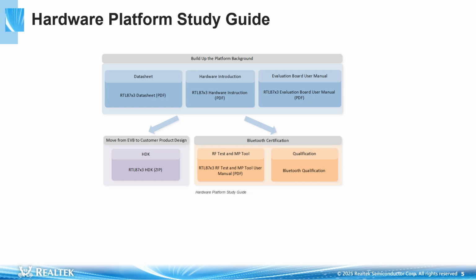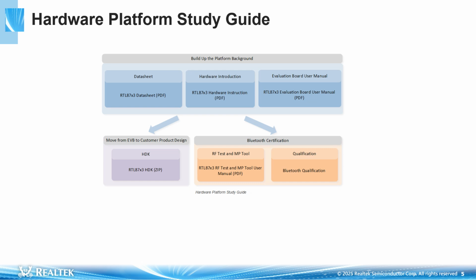This information includes, but is not limited to, pin configuration, electrical parameters, processing capabilities, and peripheral interfaces. Additionally, evaluation board documentation is indispensable as it provides specific hardware reference designs and interface descriptions, aiding developers in better understanding the practical application of the SoC.